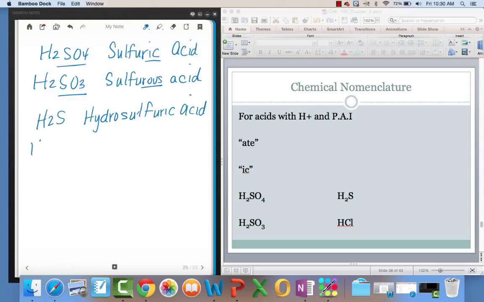And then HCl, again another binary, we start with hydro, and this becomes from chlorine to chloric acid. So notice how the binaries start with hydro and the ternaries do not start with hydro. Even though the compound starts with H, we simply take the polyatomic, change the ending to ic or us, and they all end in acid.